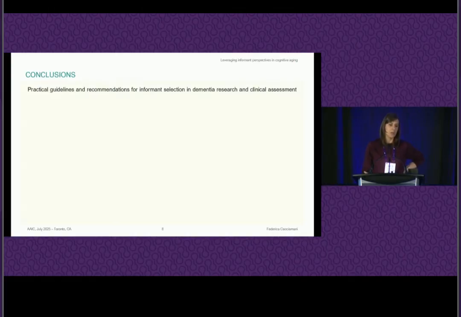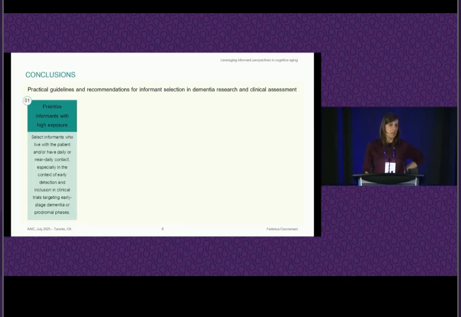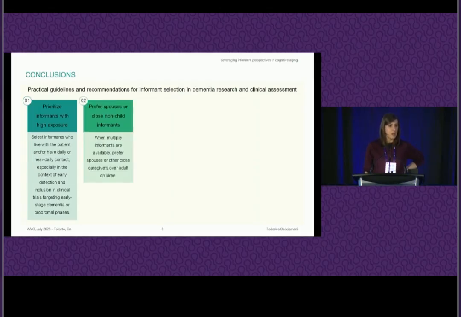So we propose a few practical guidelines and recommendations for informant selection. So the first one is prioritize informants with high exposure, meaning they have daily contact with the patient or cohabit with the patient.